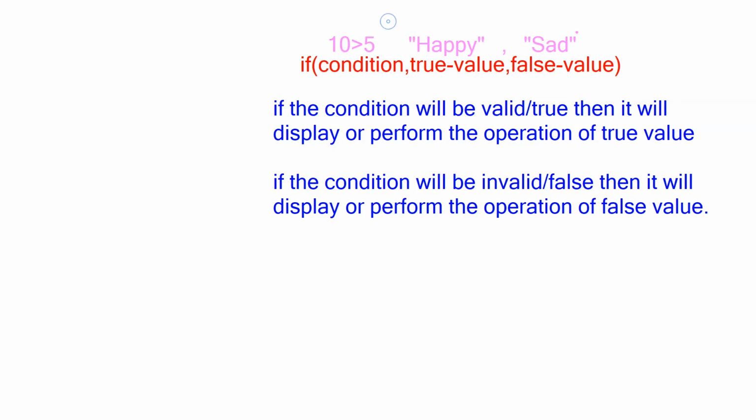So when this condition is true, it will display or return happy. Otherwise it will return sad. It works for false if the condition is false, and it works for true if the condition is true. So this condition is true, then it will display happy. How it will display, I am going to start.